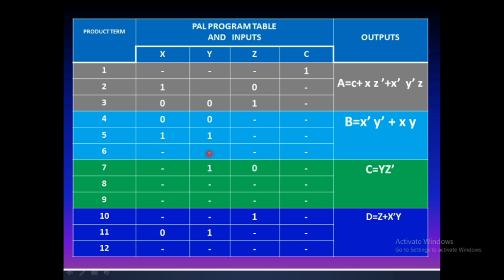For my third function C, which is y z bar, I write a 1 under y and 0 under z. Finally, my fourth function D has the product terms z plus x bar y, which is 1 under z, and 0 under x and 1 under y for x bar y. Students, this is how we plot a PAL program table.